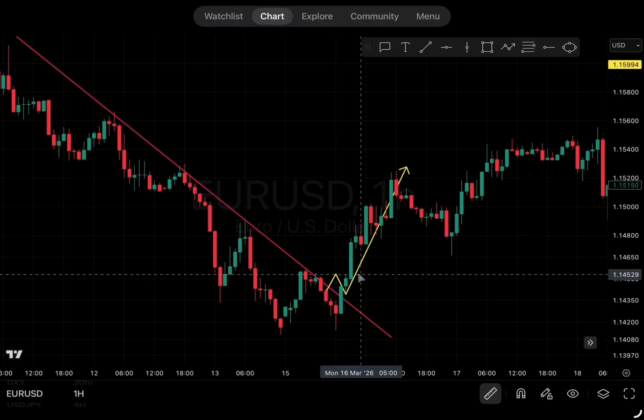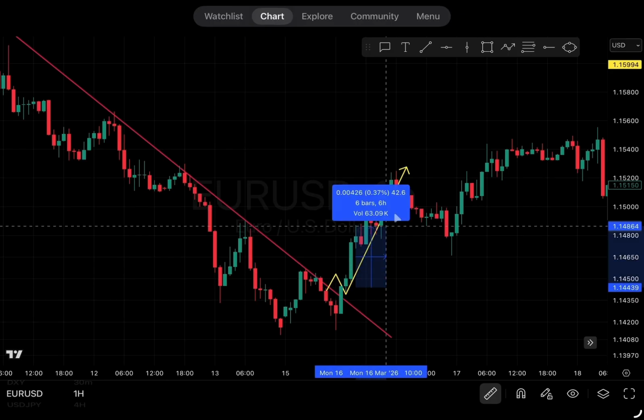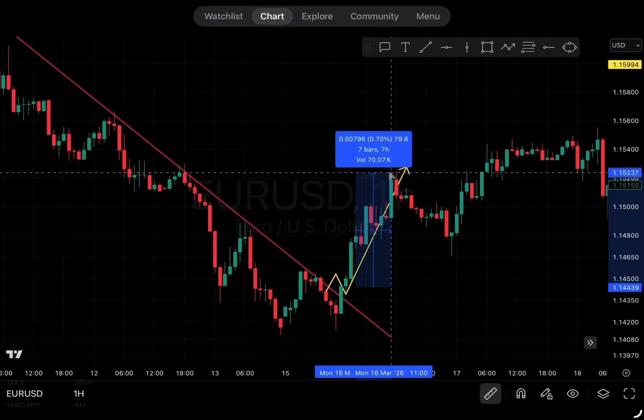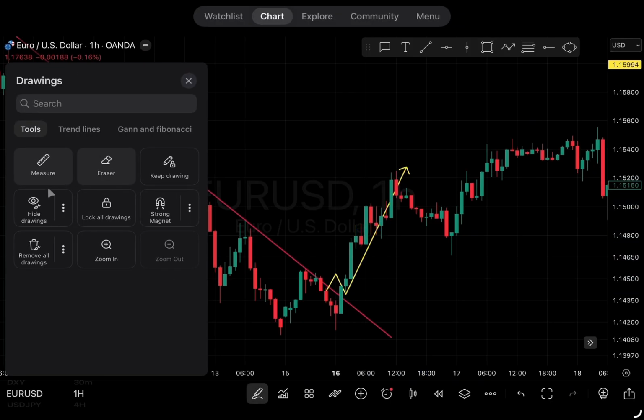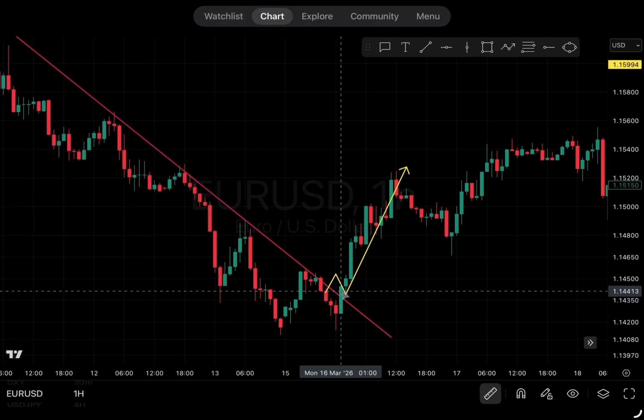We're gonna go from the area it broke out. And this one was a little bit less, it was 79 pips, which is still not bad. Still very decent.